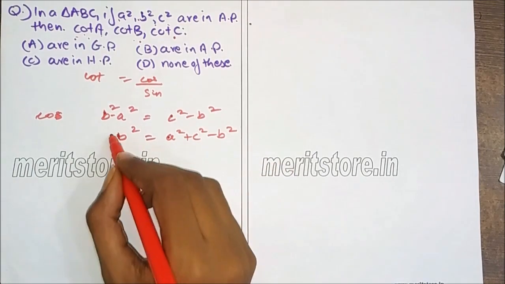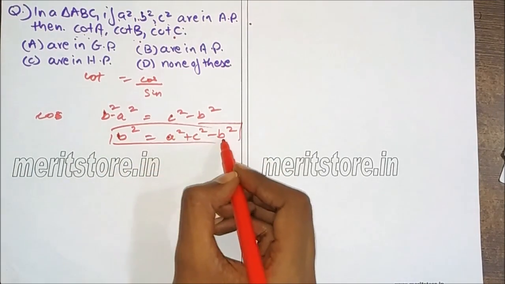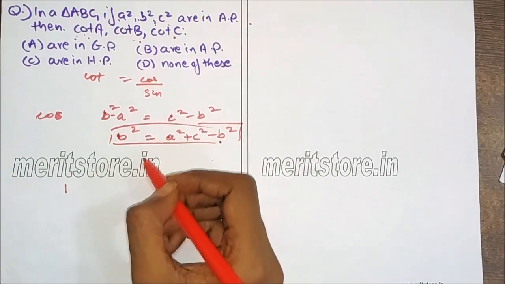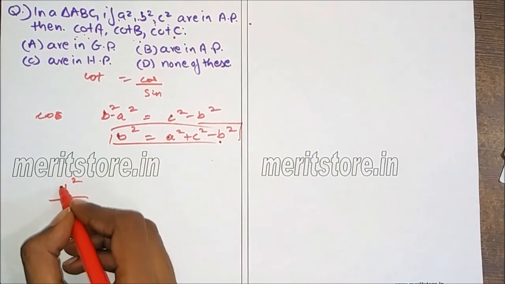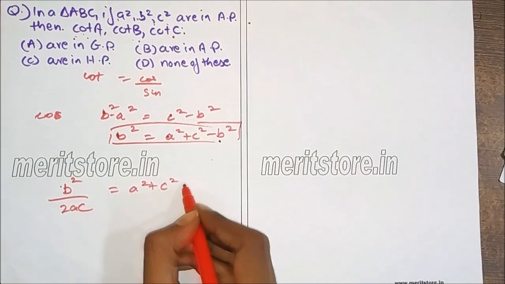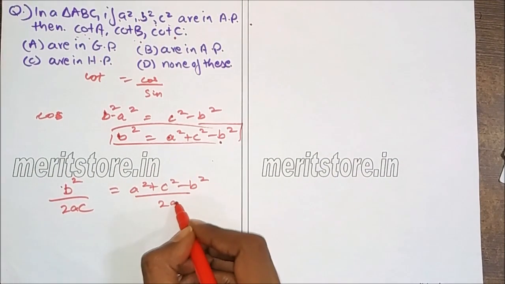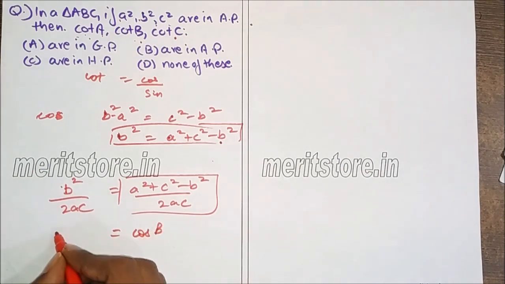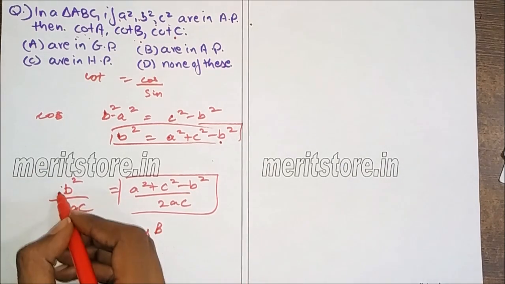So now we are somewhat getting this in terms of the cosine rule. Dividing throughout by 2ac, we get b square by 2ac is equal to a square plus c square minus b square by 2ac. This is the formula for the cosine rule of angle B.